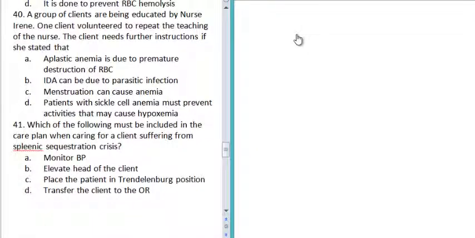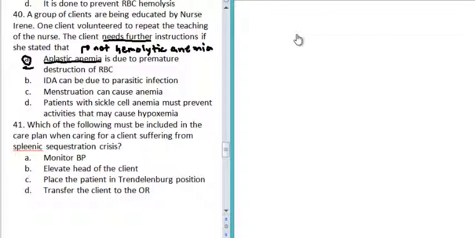A group of clients are being educated by Nurse Irene. One client volunteered to repeat the teaching of the nurse. The client needs further instruction if she stated that A. Aplastic anemia is due to premature destruction. A is the answer. We're looking for the need for further instruction, because aplastic anemia is not a hemolytic anemia.